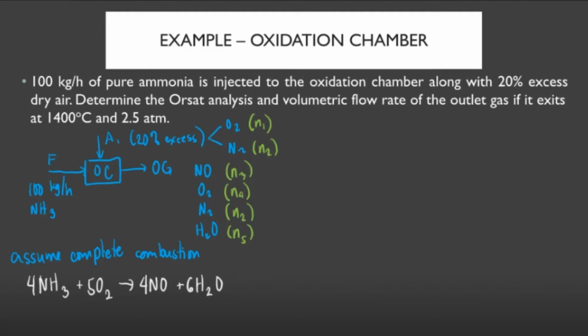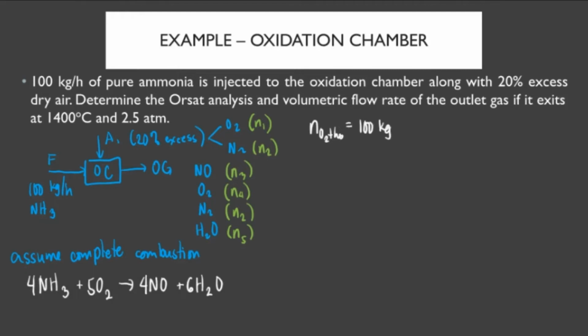This balanced equation is important in determining the theoretical amount of oxygen needed. To solve for the NO2 theo, or the theoretical moles of oxygen needed for complete combustion, we start with 100 kilograms per hour of ammonia in the feed.